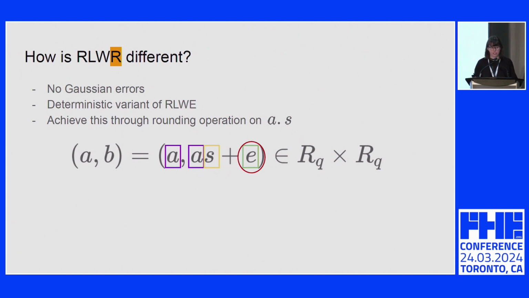And how we're going to achieve this, because we can't just get rid of the E altogether, is we're instead going to use a rounding operation on AS. So instead of adding a Gaussian in order to change the least significant bits, we're instead going to be sort of shaving them off instead, if everything is powers of 2.